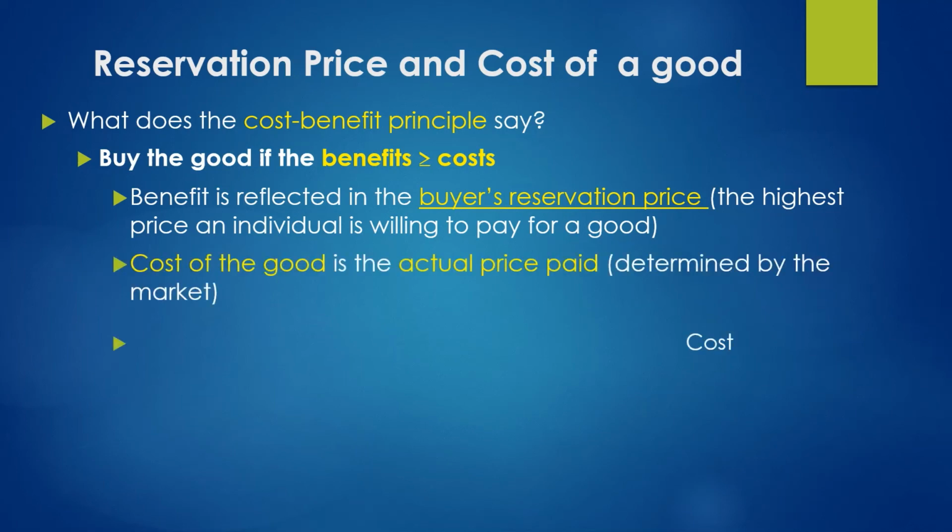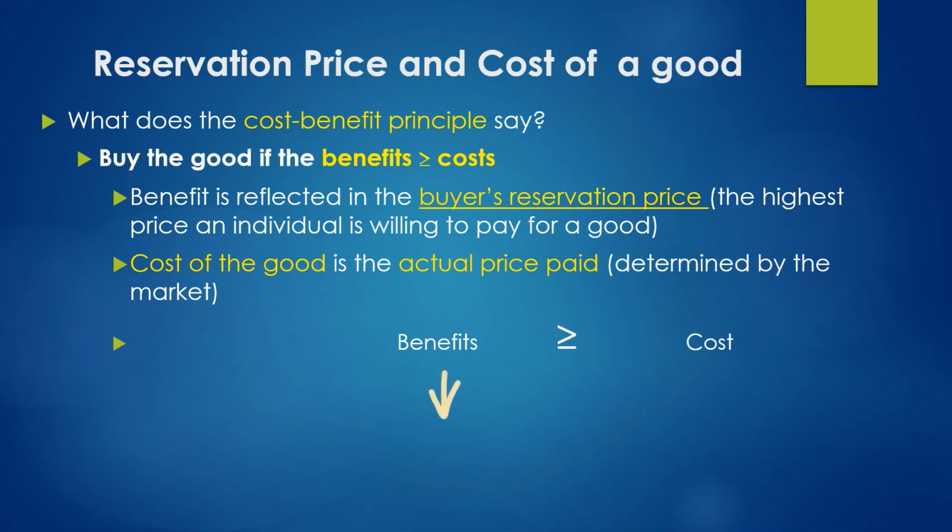I have just translated this whole concept: whenever you are going to demand a good, you always apply the cost benefit principle, and if benefits are greater than the cost, you will purchase.